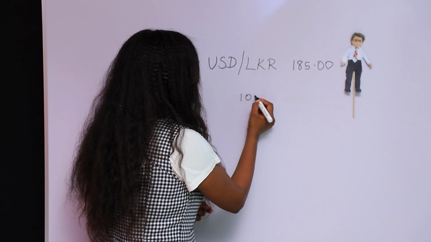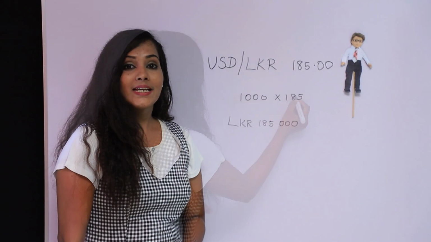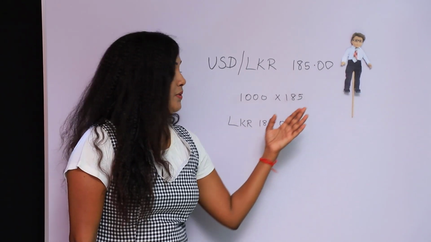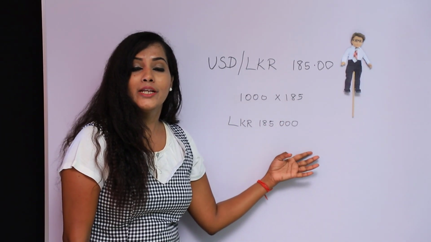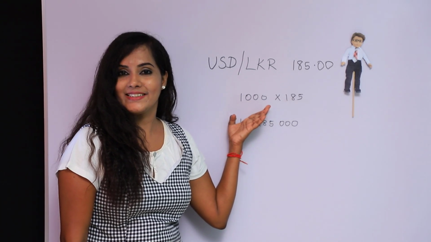If the bank selling rate is 185 Sri Lankan rupees for 1 US dollar, let's see how much Mr. Bean needs to pay the bank. So here Mr. Bean needs to pay 185,000 LKR to the bank in order to get 1000 USD.